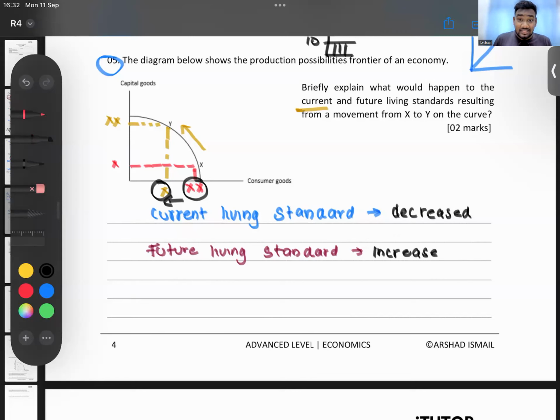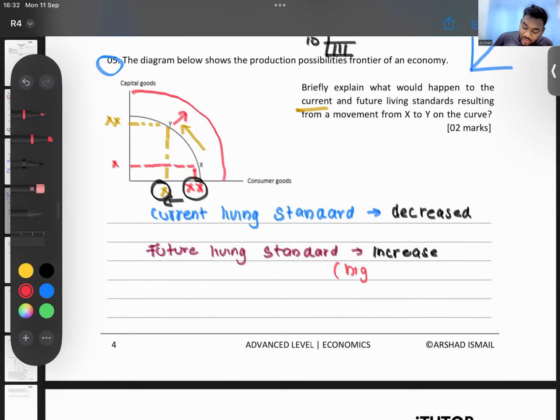Why is that? That is because currently when they are sacrificing consumer goods and producing more and more capital goods, what happens? We learned that in the future, this economy will grow a lot. There will be economic growth. So why will this increase?